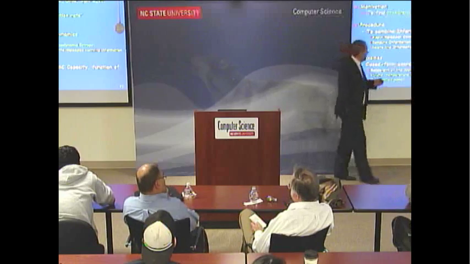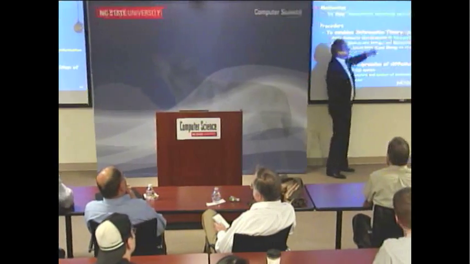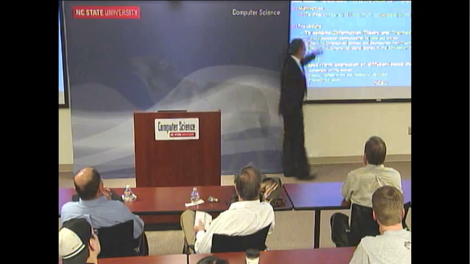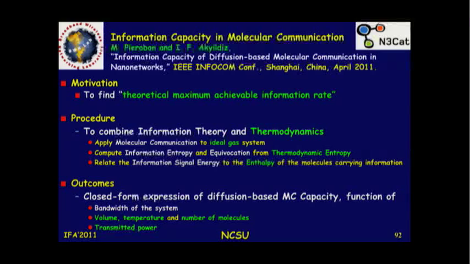So what we did is we took the information theory that we all know and combined it with thermodynamics. And then we also assumed that because we are trying to find the maximum value, we apply the molecular communication to ideal gas systems. Like everything is perfect, right? Ideal gas environment. And then we compute information entropy and equivocation from thermodynamic entropy.